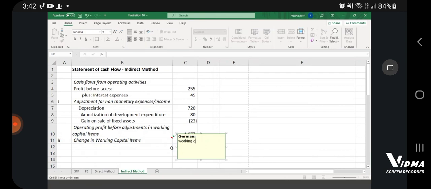Working capital items are items part of current assets and current liabilities that affect, so not everything that is under current assets and current liabilities, but only those items that have an effect, an impact or affect the operating activities, okay? So we should pay attention right now.